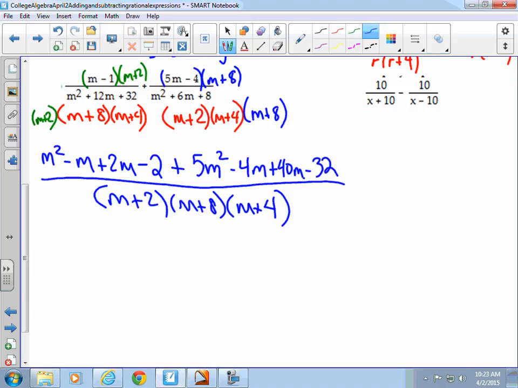I want it, so it'd be: combine my terms. 1m here and 36m there, so 37m.